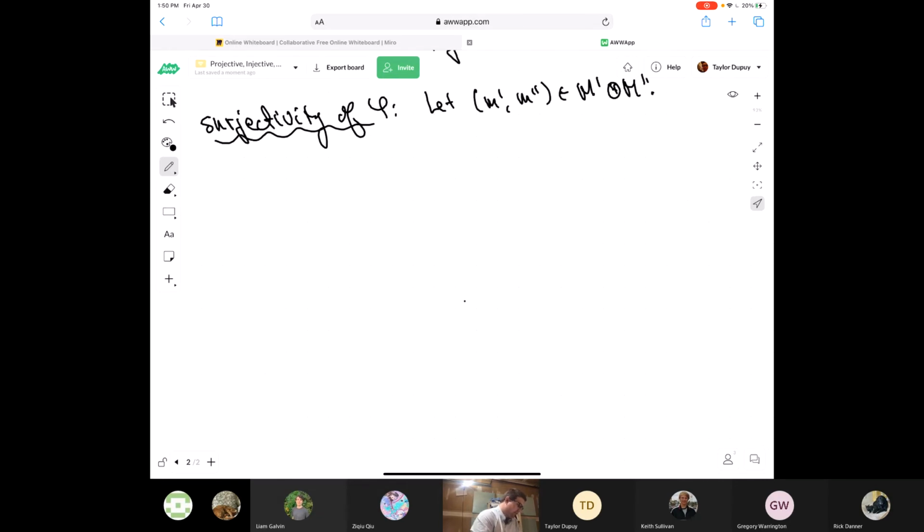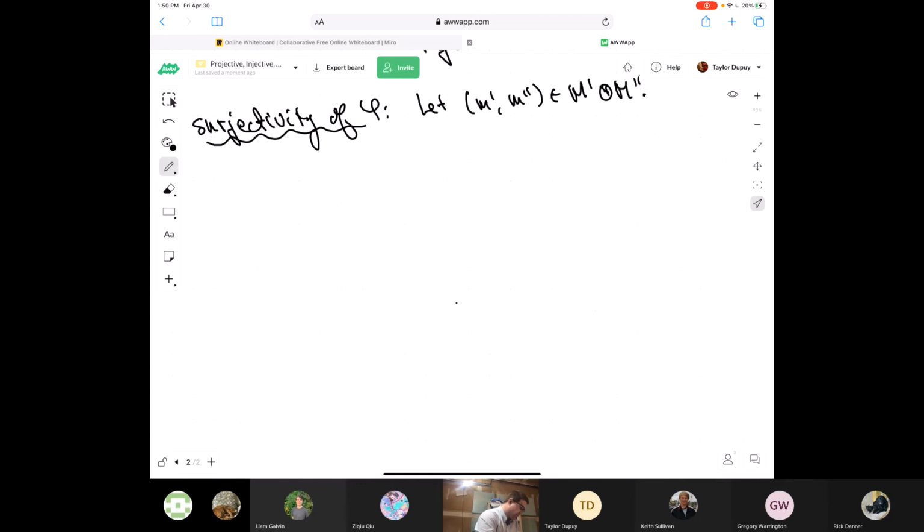We need to show that there's some M such that phi of M is going to give us this tuple. So since P is surjective, this implies that there exists some M in M where P of M is equal to M prime prime.